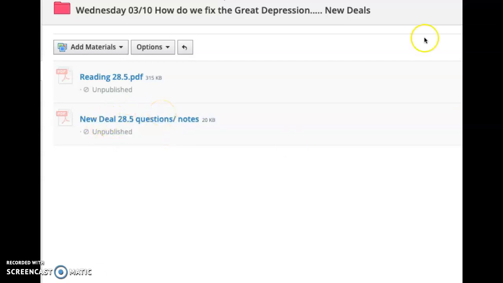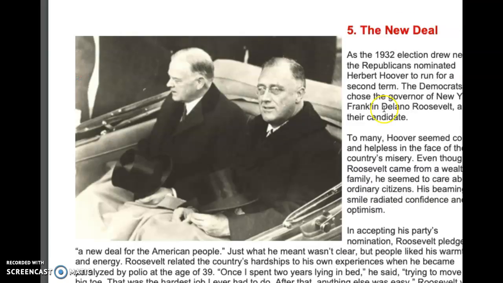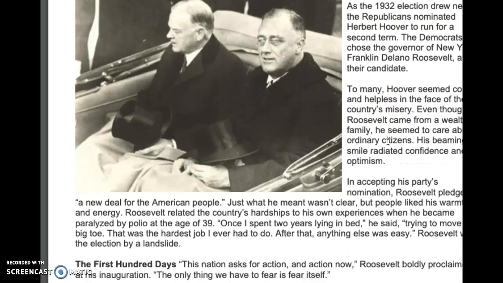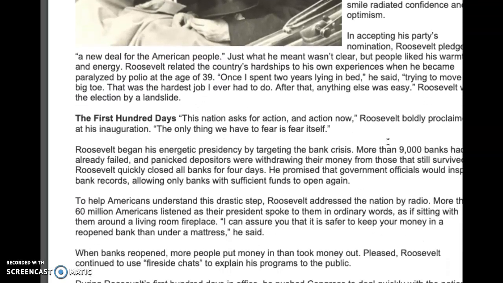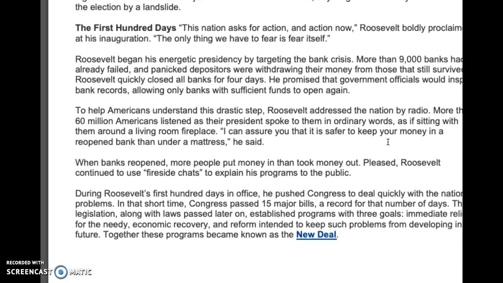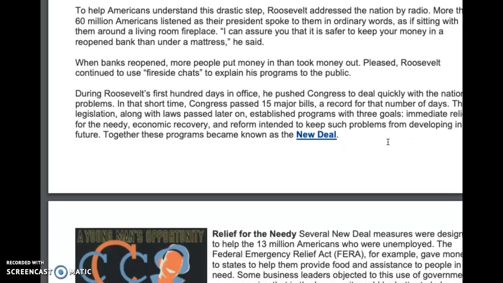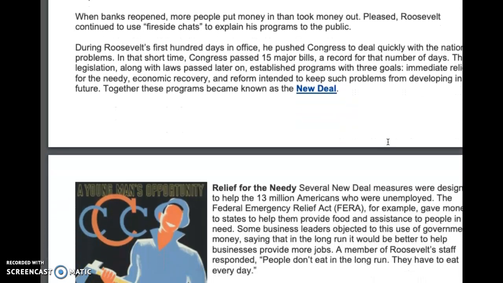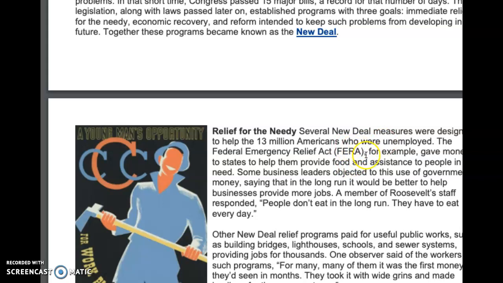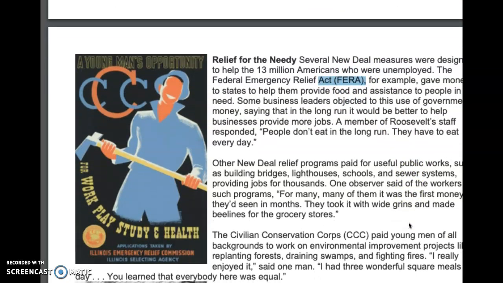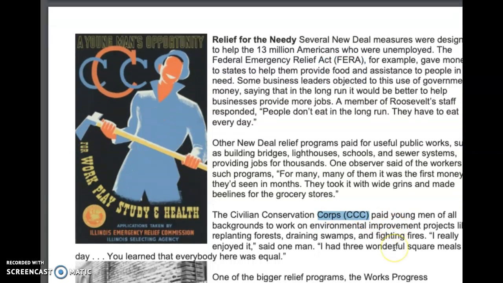Okay, the reading section, you'll see another picture of FDR here. So when you guys are reading about the New Deals, you're going to be focusing on how did they help the economy, and they go right in order. Okay, so the Federal Emergency Relief Act is right here. The Civilian Conservation Corps is right here.